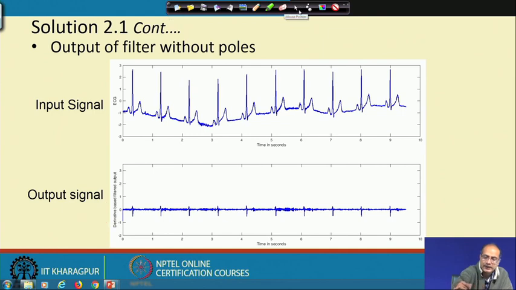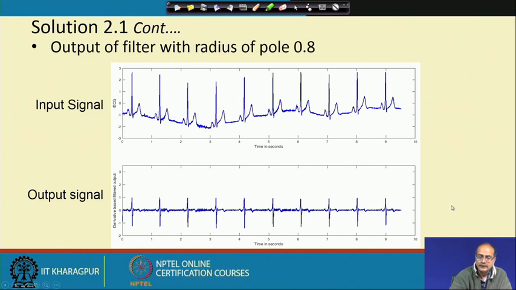That is very evident from the shape. Now, let us go for the next case, when the pole is added and it is located at radius 0.8. We see an immediate improvement.